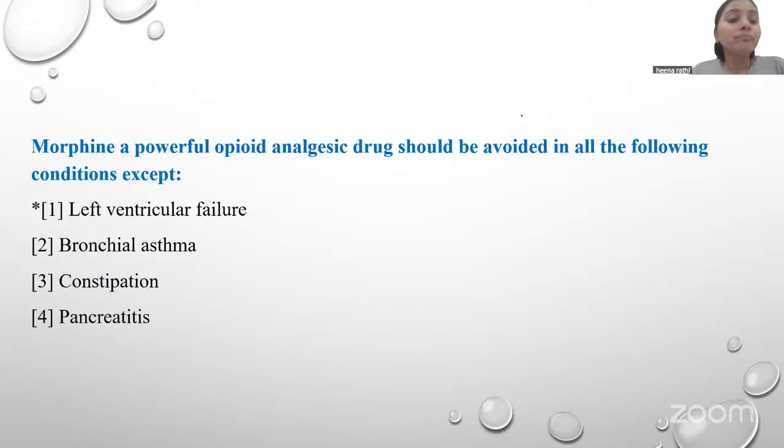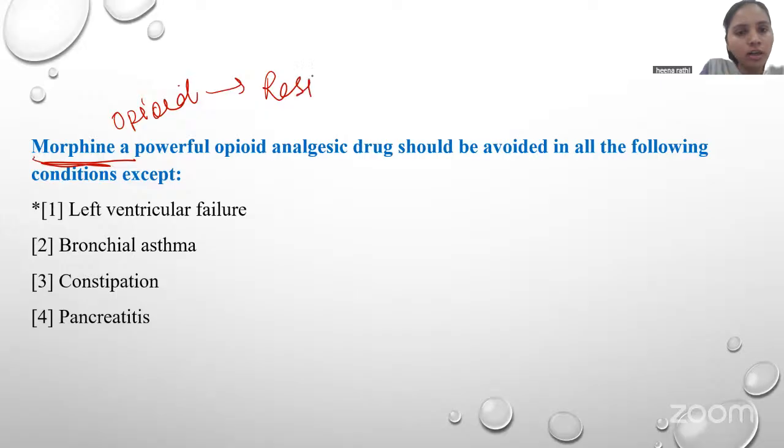Next question: morphine is a powerful opioid analgesic drug, it should be avoided in all of the following conditions. What is morphine? It is an opioid drug. Because it is an opioid, it leads to respiratory depression. Yes, one of the disadvantages.